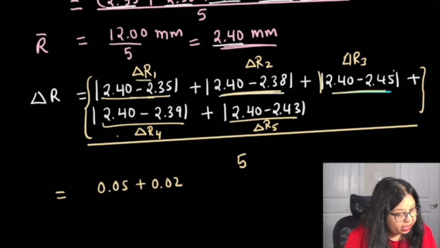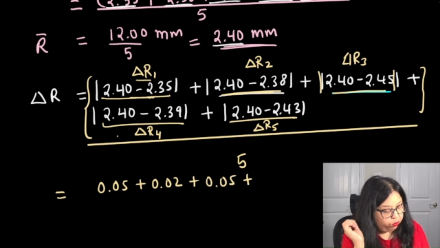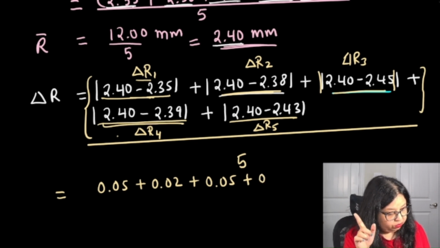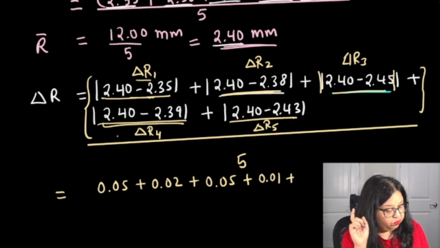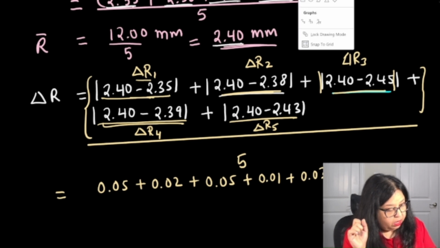That's what these lines here, they imply. It's the modulus. It is going to be a positive number. Delta R4 equals 2.40 minus 2.39, 0.01. And last, 2.40 minus 2.43's absolute value is 0.03.